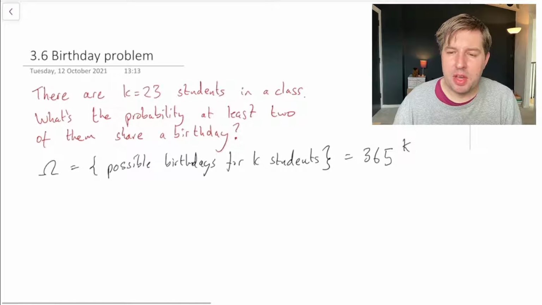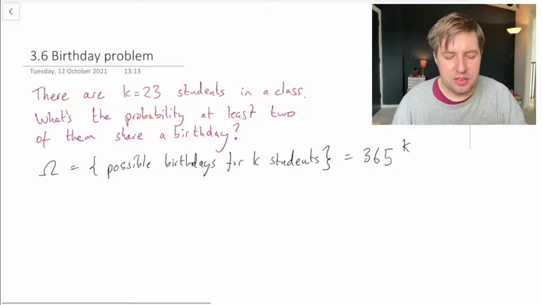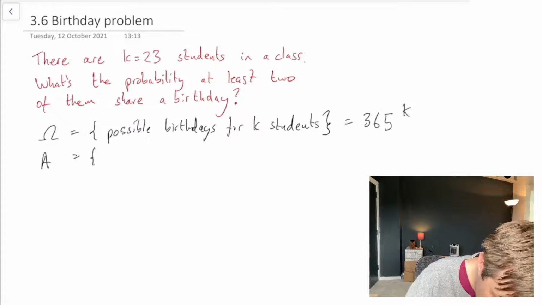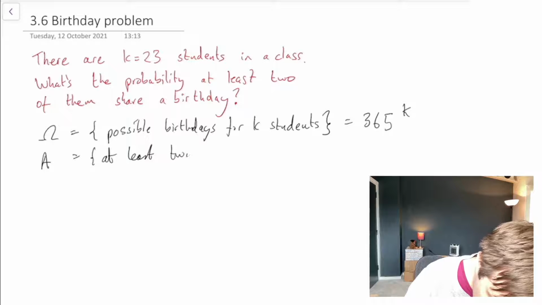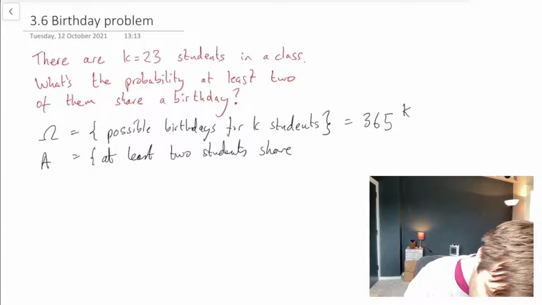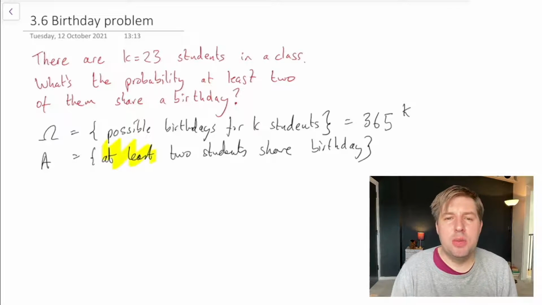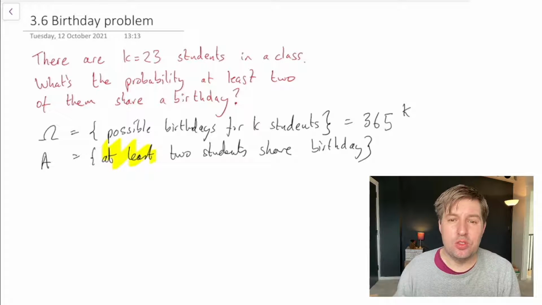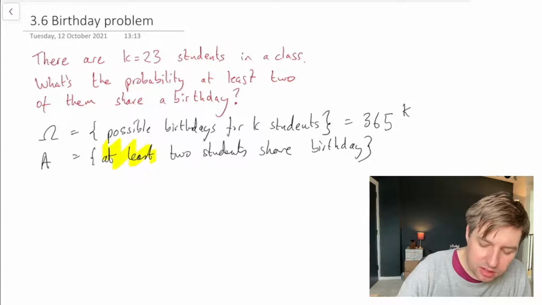What about our event A, the event that at least 2 students share a birthday? Well, one thing you might notice here is that this is one of these at least questions. And we mentioned before that when you have an at least question, it's often a good idea to use the complementary event instead, because that can sometimes be easier to work with.